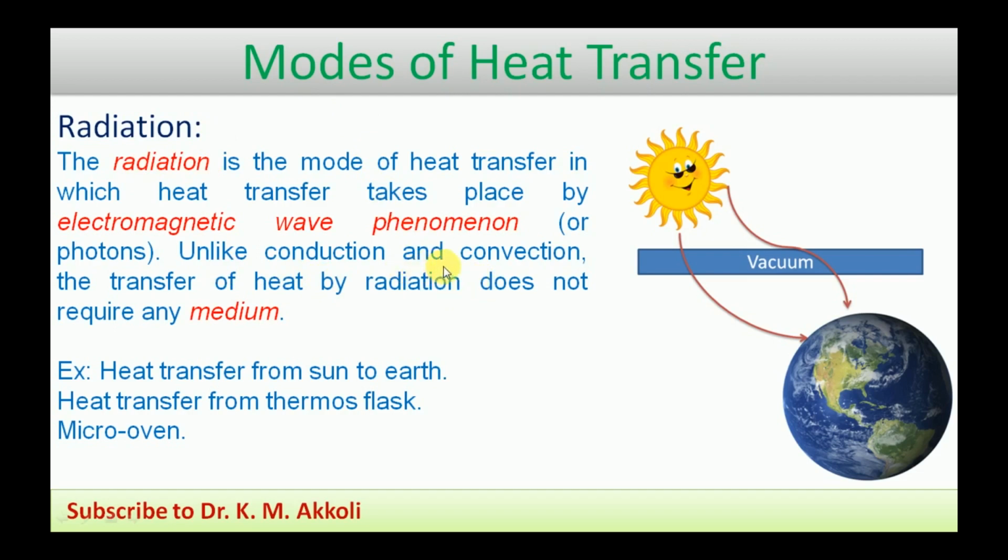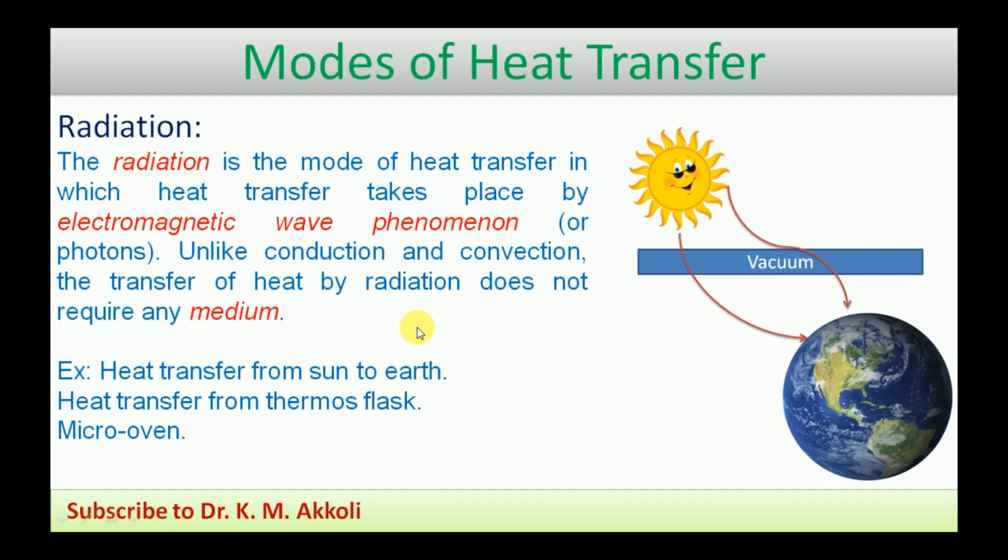And in this case, unlike conduction and convection, the transfer of heat by radiation does not require any medium. The electromagnetic waves will travel in vacuum also. That's why no medium is required. In conduction, a solid medium is required; in convection, a fluid medium is required; but in radiation no medium is required.